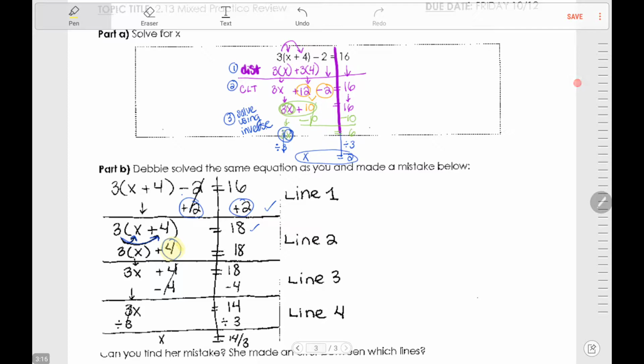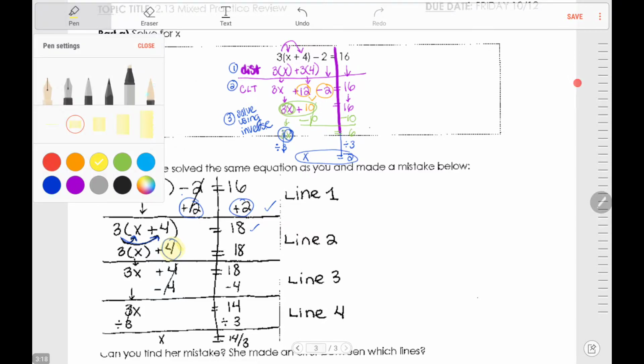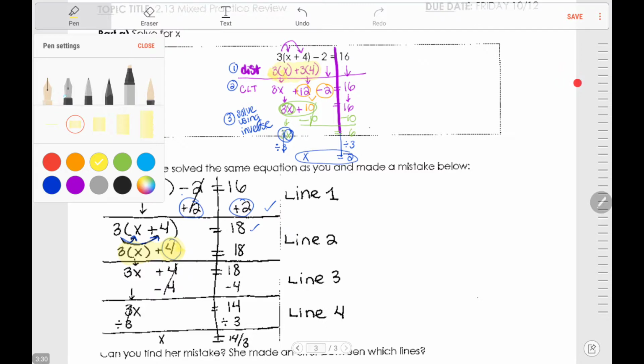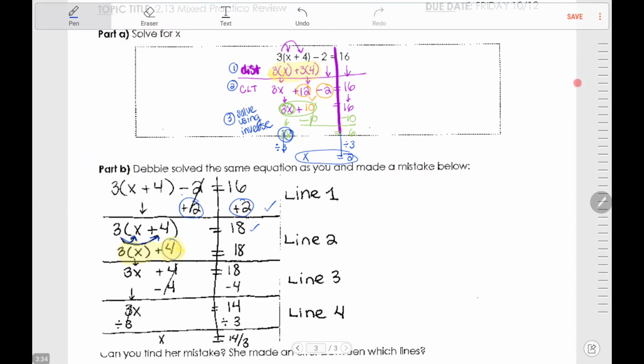Okay, so what happened in line 2? Let's look at our distribution. This is our distribution up here that I'm highlighting in yellow. And hers is here. What did she forget? Okay, good. So she forgot to distribute.